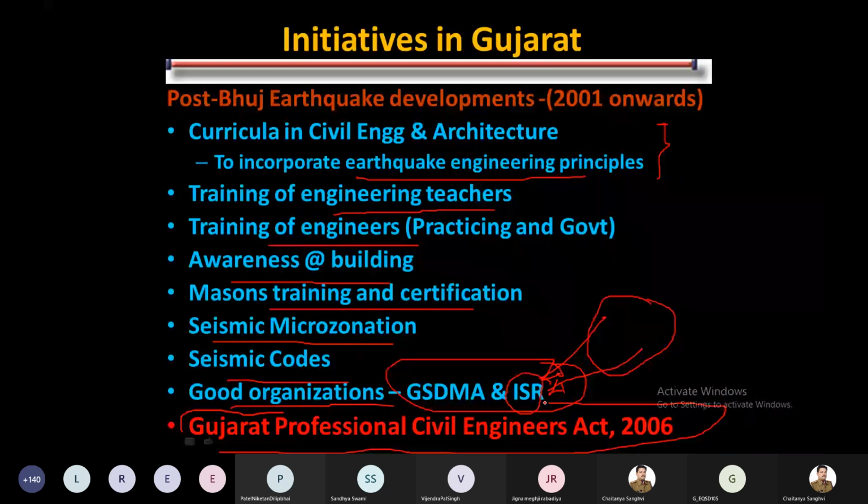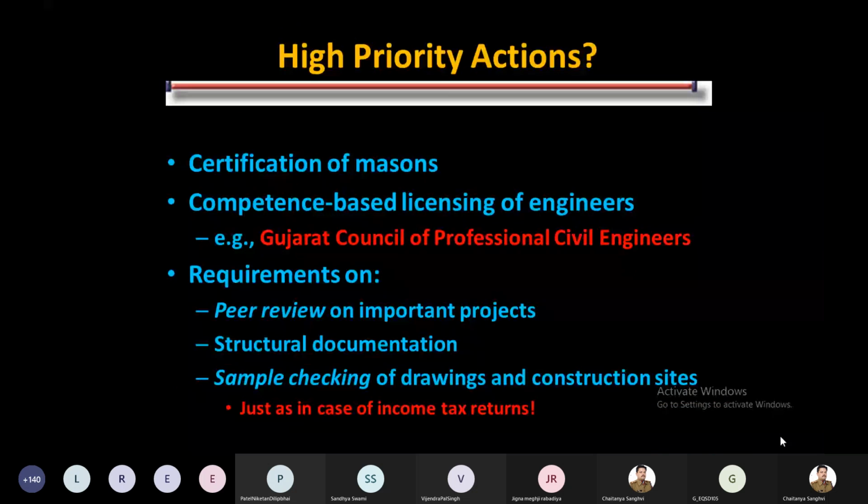As per this act, mason certification and licensing of engineers, some regulation was framed in 2006. But in 2020, it is not implemented properly, right? The Gujarat Professional Civil Engineering Act is not implemented correctly till today.